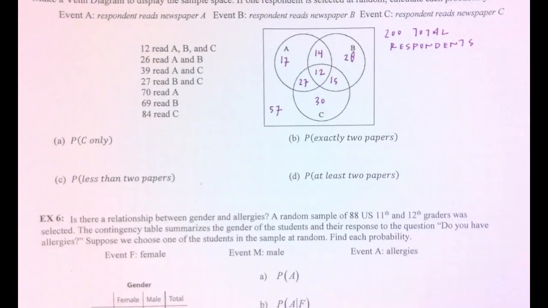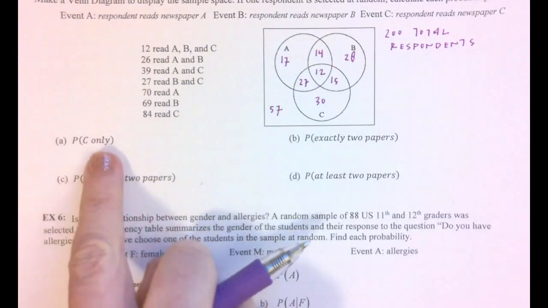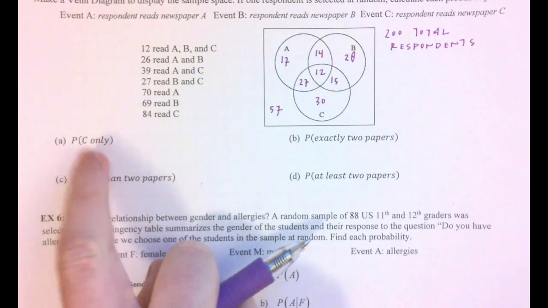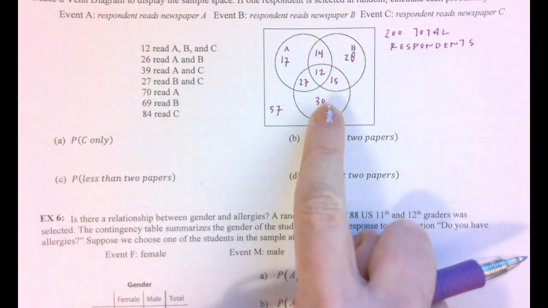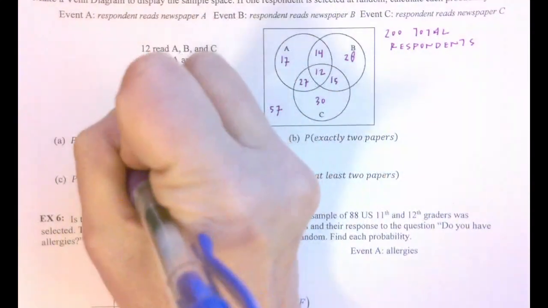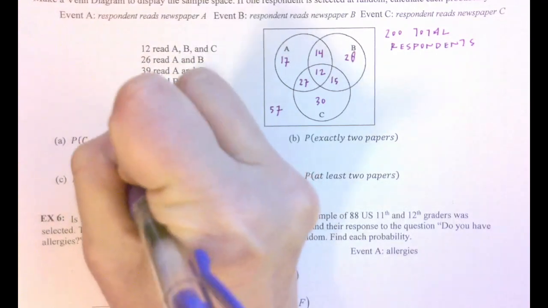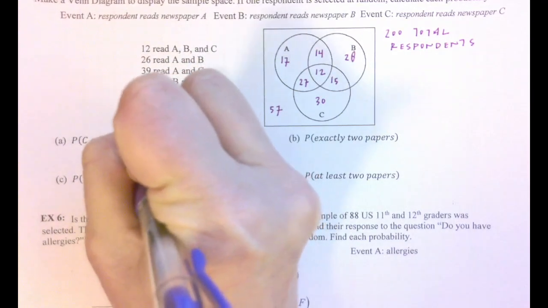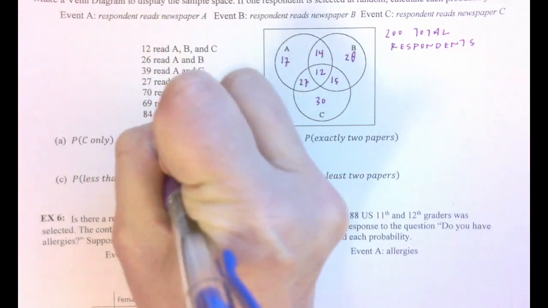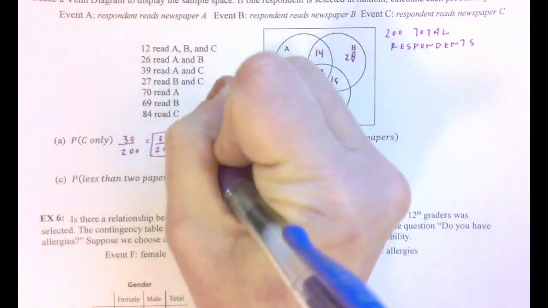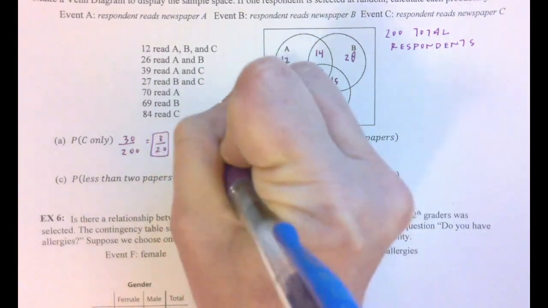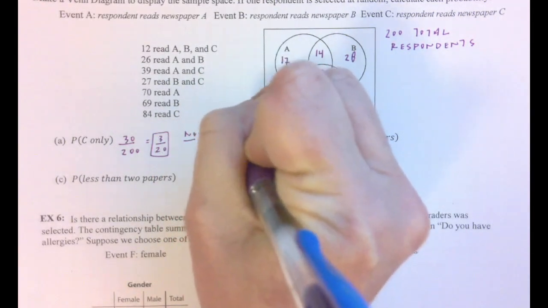What is the probability we pick someone who only reads C? So only C, no other papers. So I'm looking at the 30 right here. So 30 out of 200. So 3 out of 20. So again, C only, no other papers.